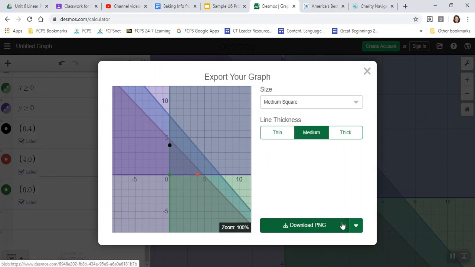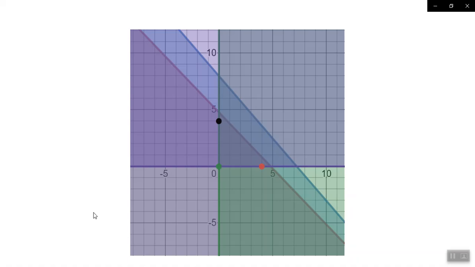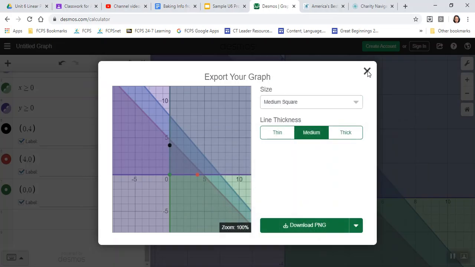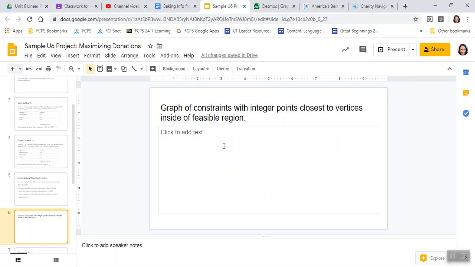Download it. Okay, and then you can copy this. And we can paste it in here.